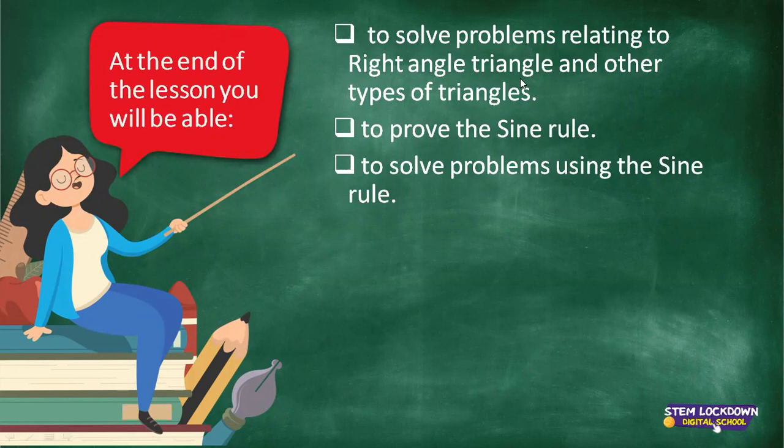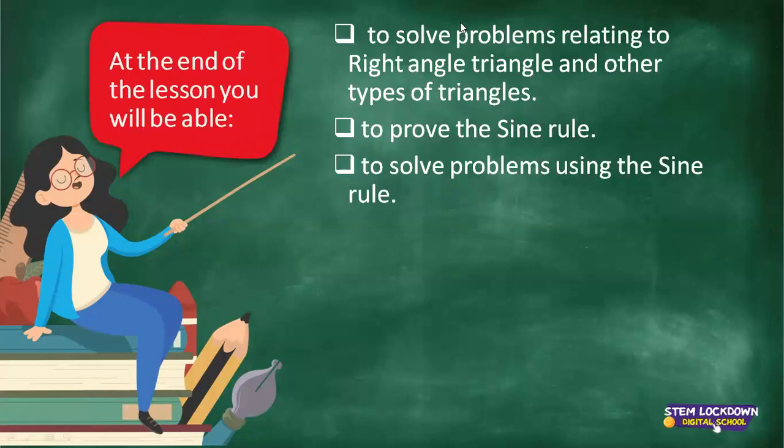With a right angle triangle, only Pythagoras and the trig ratios are applicable. So problems relating to the right angle triangle can be solved using those two.